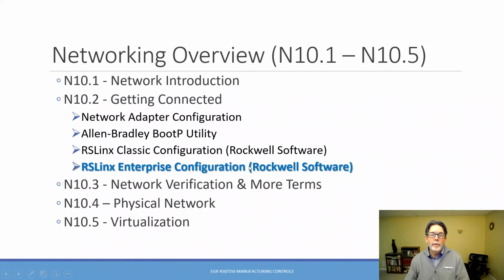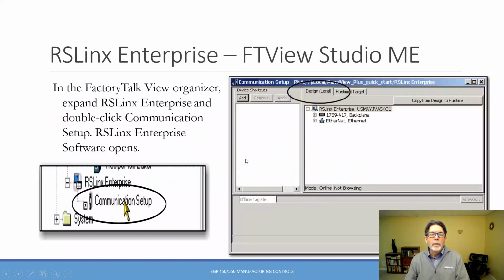Again, this would be part of the Rockwell software suite, and part of FactoryTalk View Studio Machine Edition. If we look in our project in FactoryTalk View Studio Machine Edition, on the left-hand side in our control organizer, down towards the bottom we would see RSLinx Enterprise and then Communication Setup.